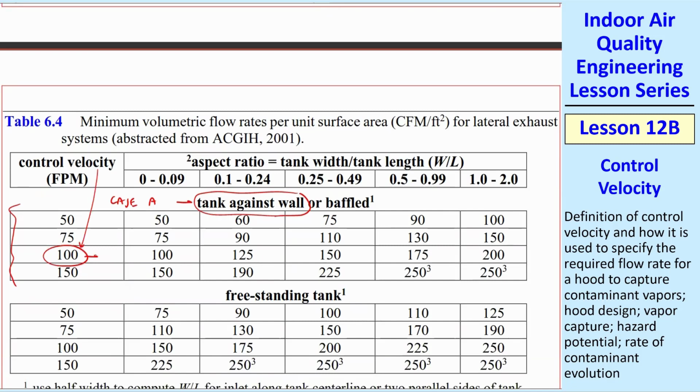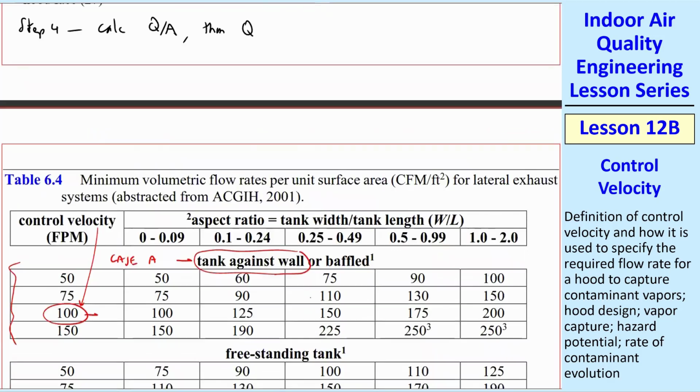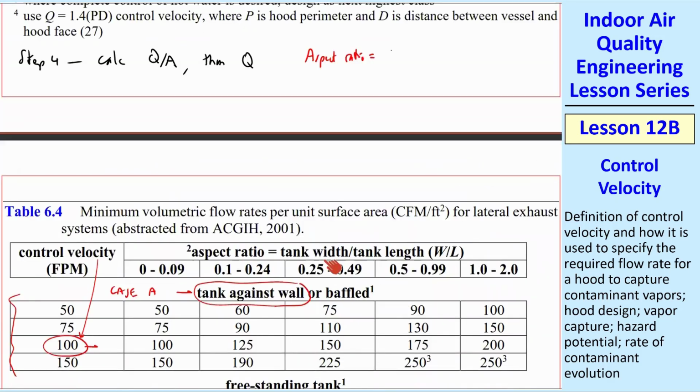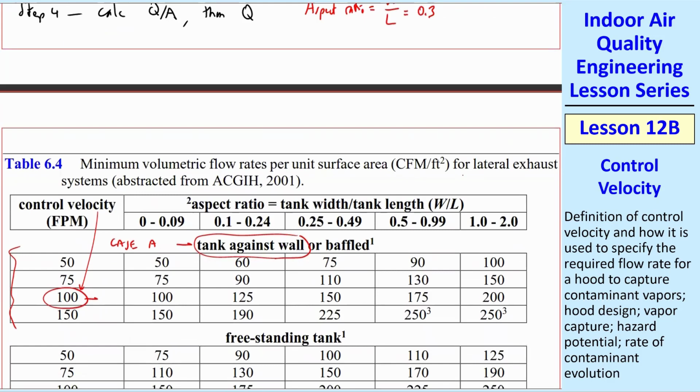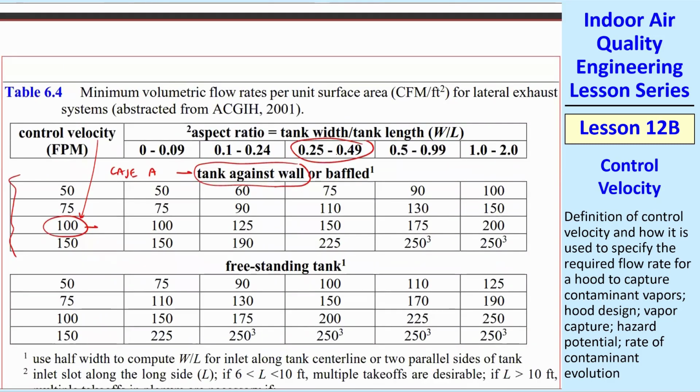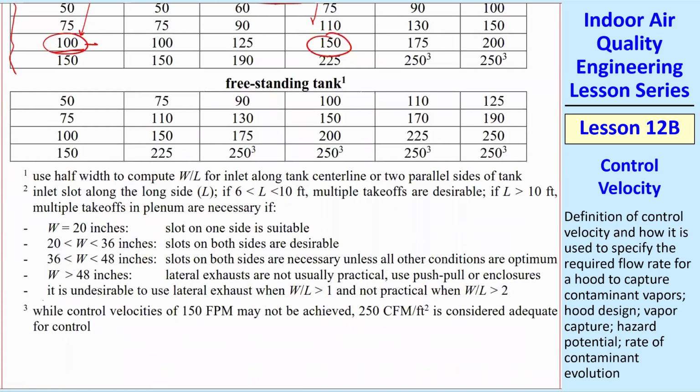And now we have to calculate the aspect ratio for a tank against the wall. The aspect ratio is equal to W over L, which in our case turns out to be 0.3 based on the numbers that we have. That is at this range. And so we find this 150. What is that 150?